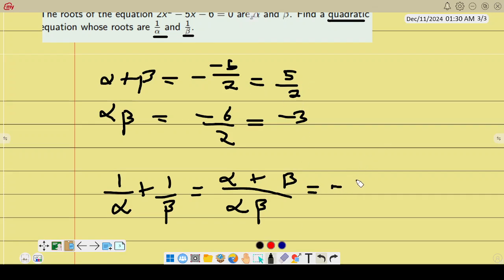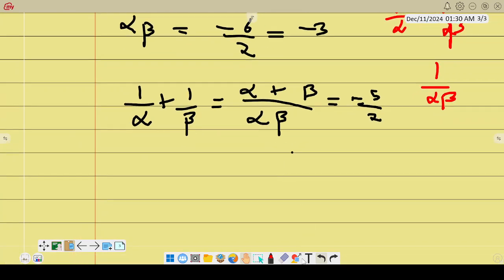Alpha beta simply means we multiply alpha and beta, so the denominator is alpha beta. So this was the sum.